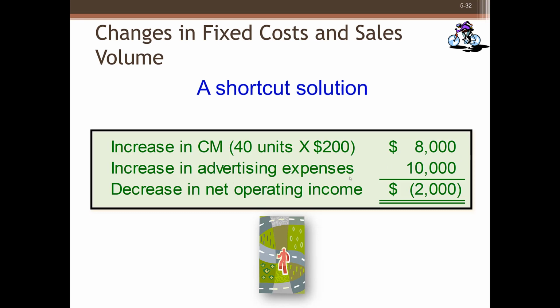Advertising expenses increased by $10,000. So the change in net operating income is negative $2,000, which means the increase in contribution margin is more than offset by the increased advertising cost. This is incremental analysis.